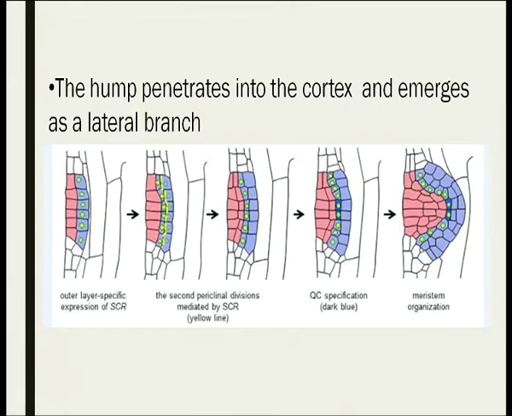Now, they start dividing, and in figure 3, you can see that from 2, now 4 layers have been formed, and slowly one hump starts appearing. And in the last figure, the meristem gets organized and a lateral root starts developing from the deeper layer of cells. This is how this hump penetrates into the cortex and emerges as a lateral branch of the root. All right. So, this is how lateral roots develop.